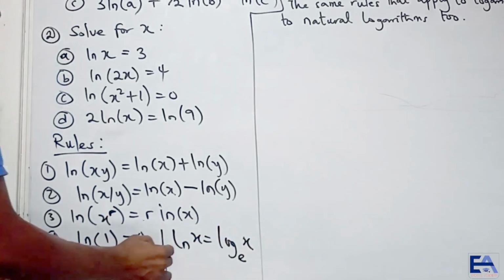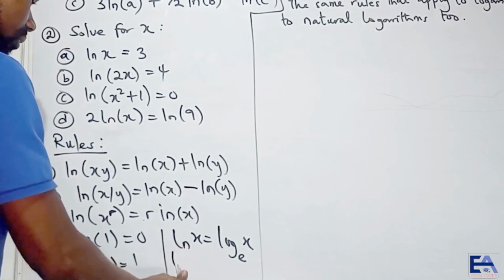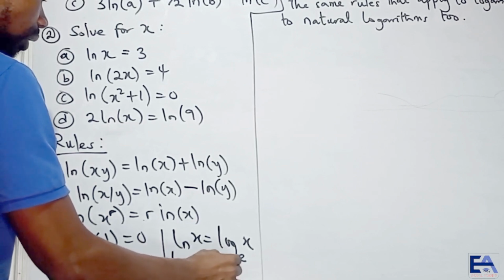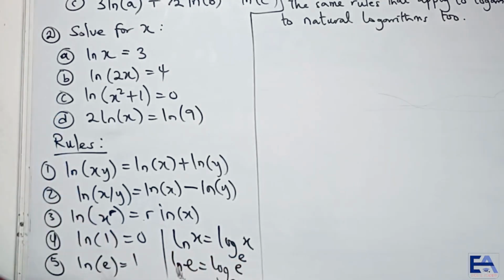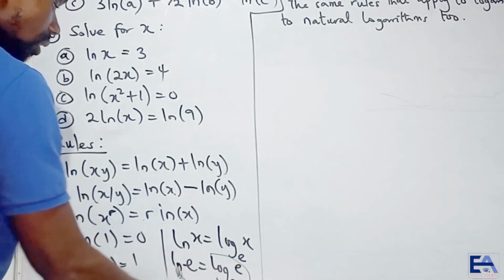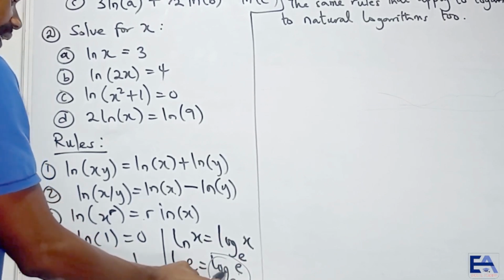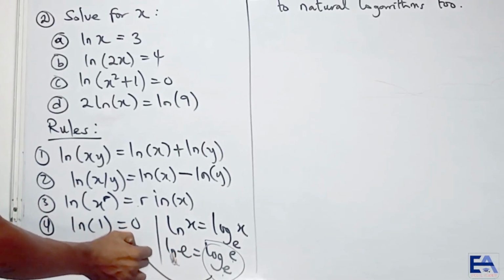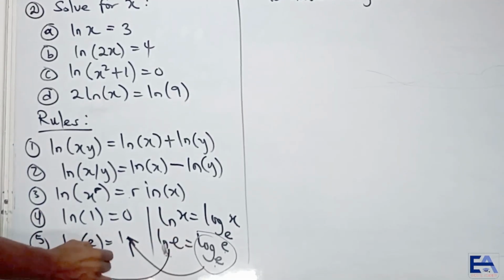So when we say ln e, it will now mean log, instead of x, we now have e to base e. And we know that the logarithm of any number to the same base is always equal to 1. And so that's the reason why we have ln e being equal to 1.